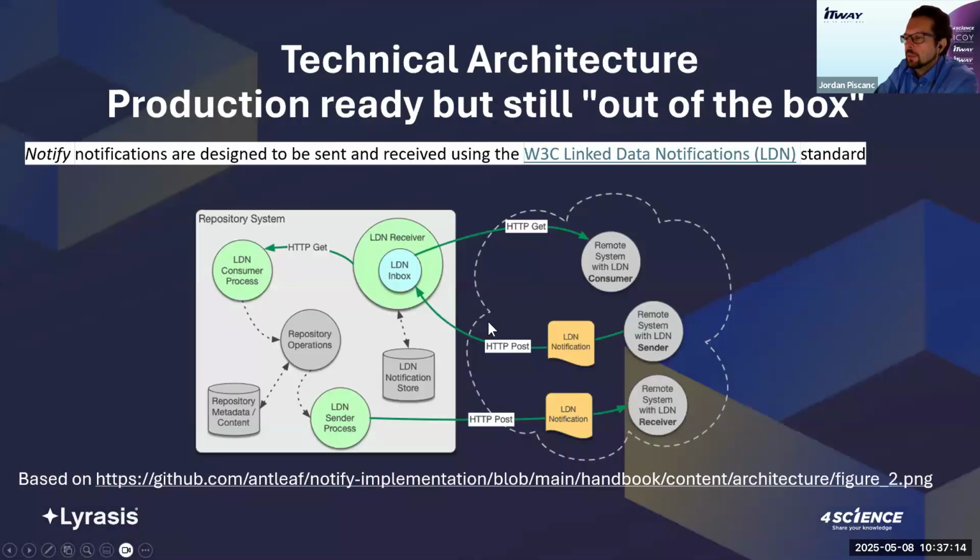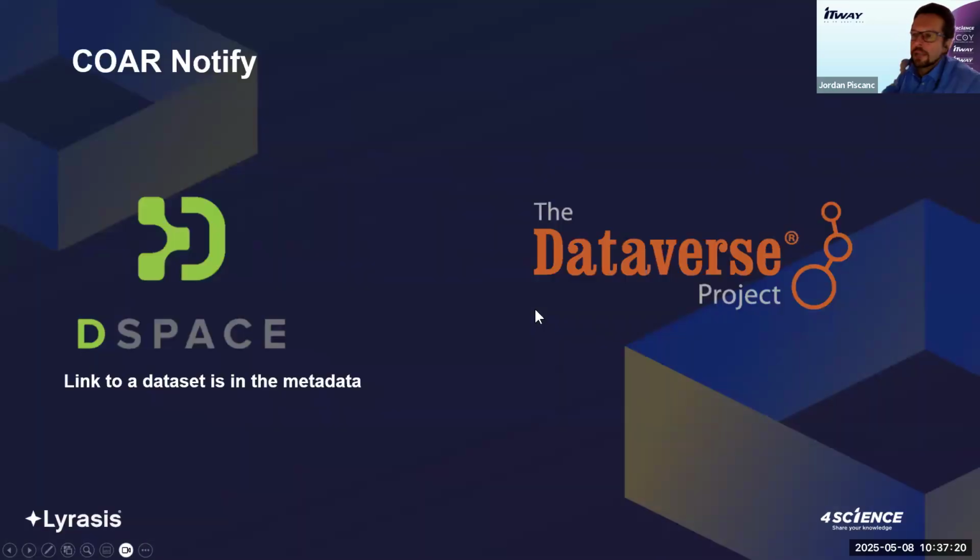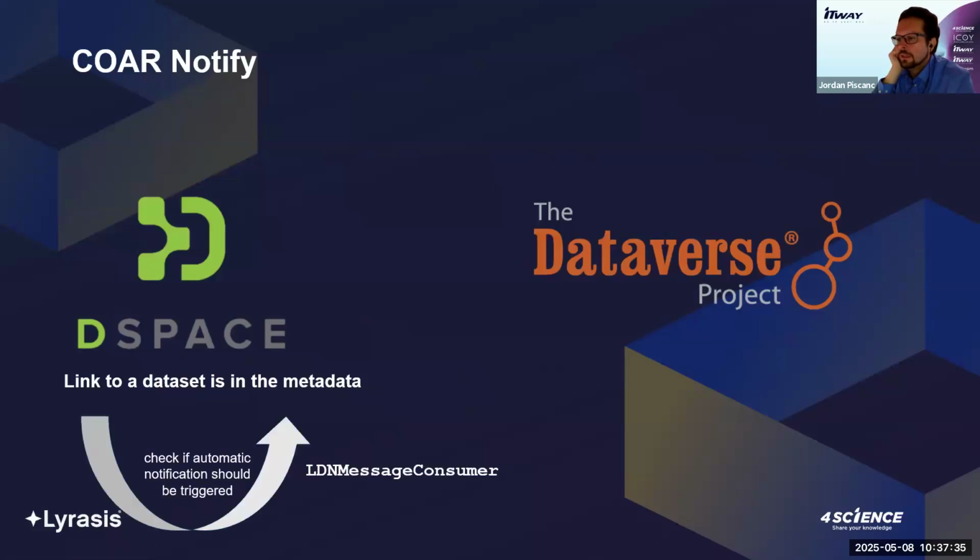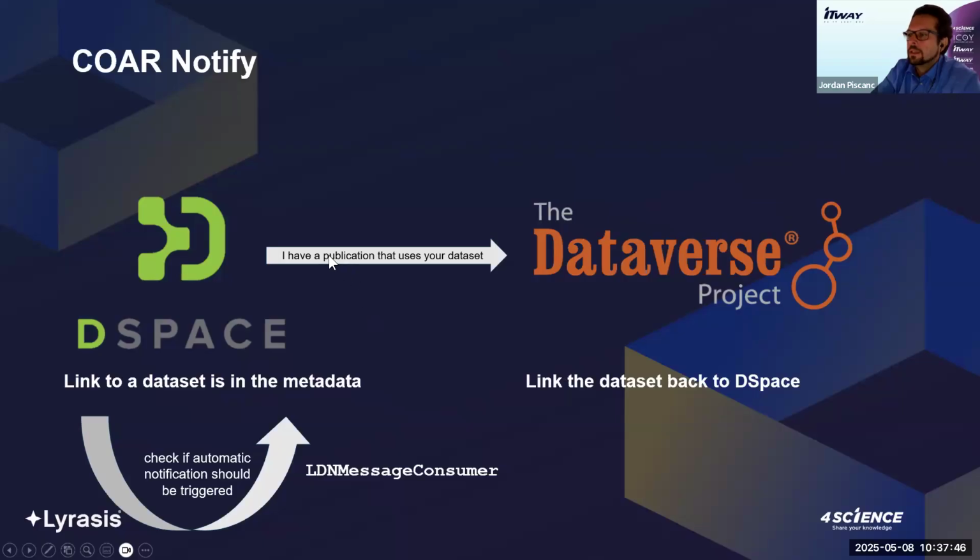So this is only a brief technical schema to understand what's going on. An example: it all started from DSpace, which would like to link a publication with a dataset, for example, that is deposited in Dataverse. It checks if there is a consumer, that checks if something automatically could be triggered, and says, throw a message to Dataverse saying, hello, I have a publication that uses your dataset.